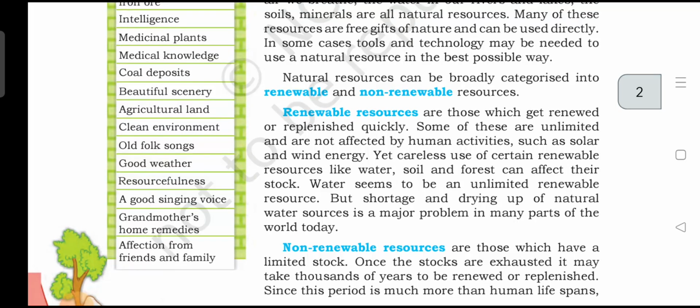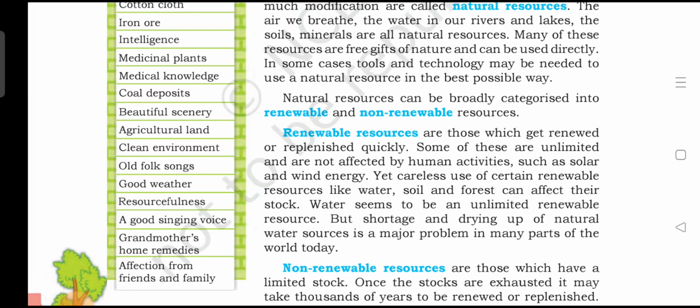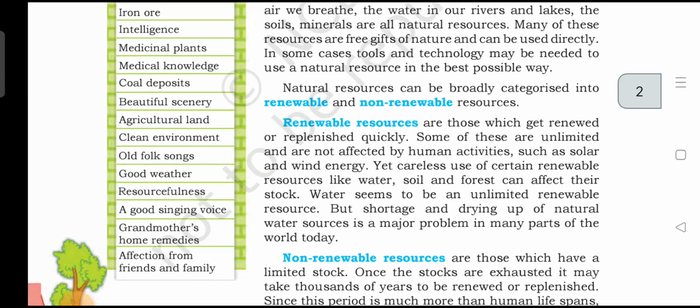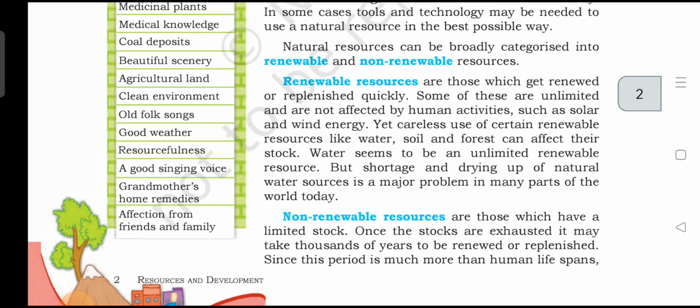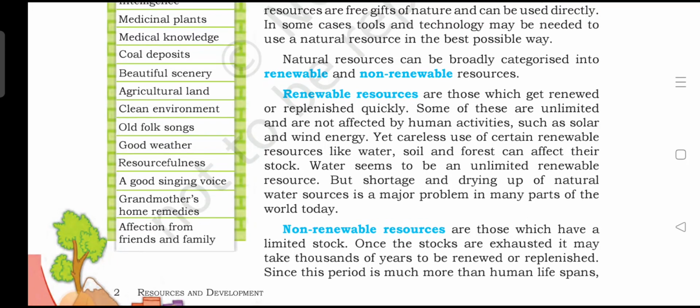Take the example of water: we drink it, we wash with it, many things are done by water. Your mother washes your clothes and hangs them out. When the clothes are hung outside, evaporation happens: the water from your clothes evaporates, becomes water vapor, goes up and condenses to become cloud. Then the water comes back in the form of rainfall. So these are resources that replenish very easily.